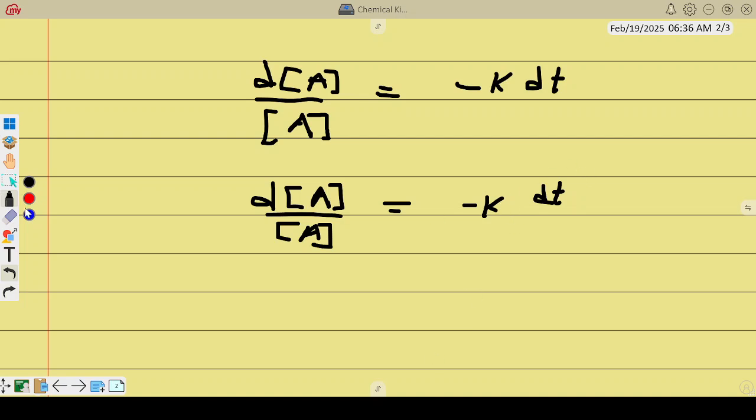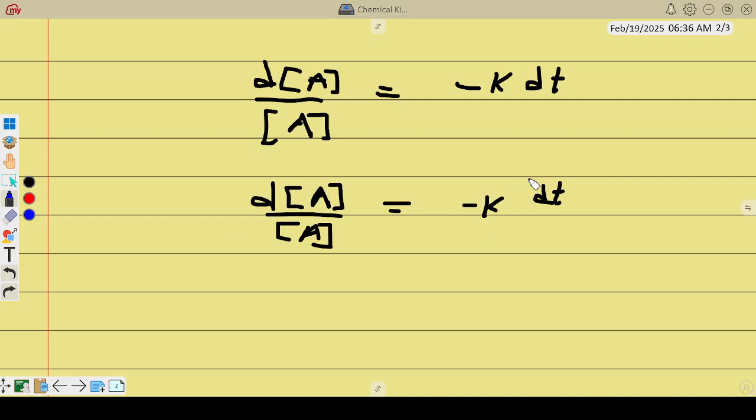Starting with the right hand side, we're going to apply what are called definite integrals. One thing to take note of, k is a constant. We don't differentiate or integrate a constant, so we separate it away. Even the negative, we separate it.